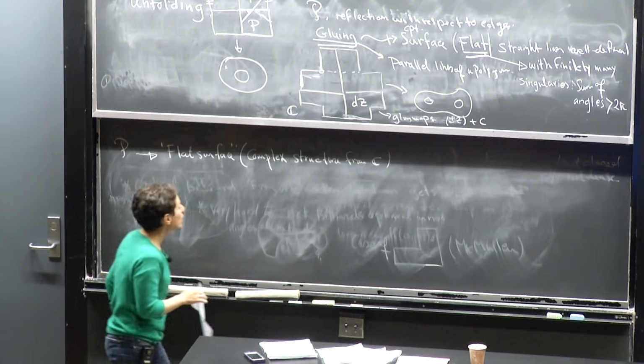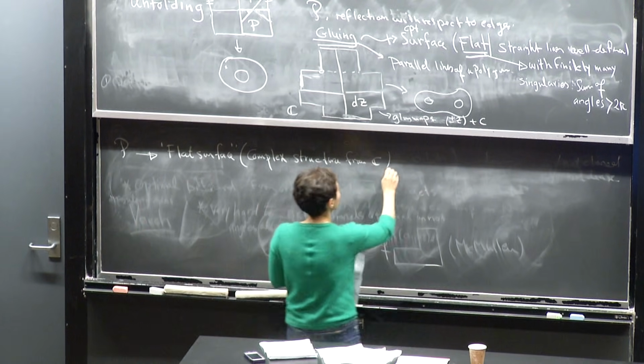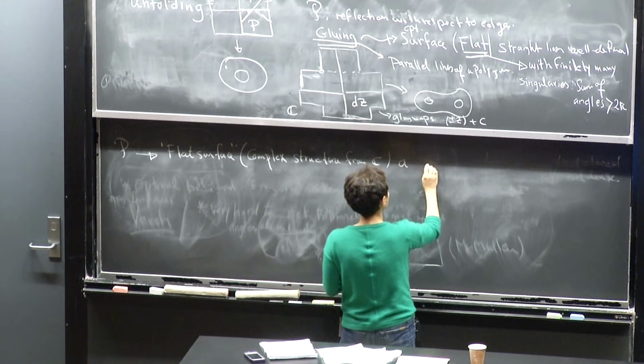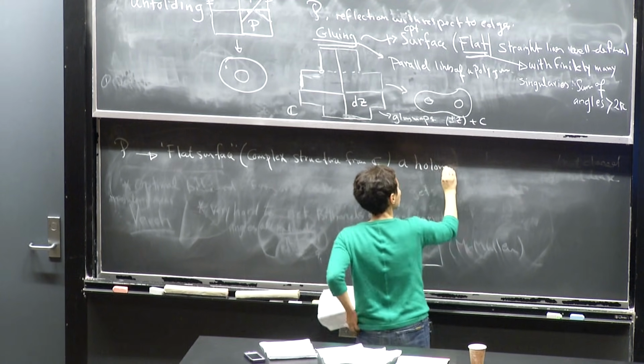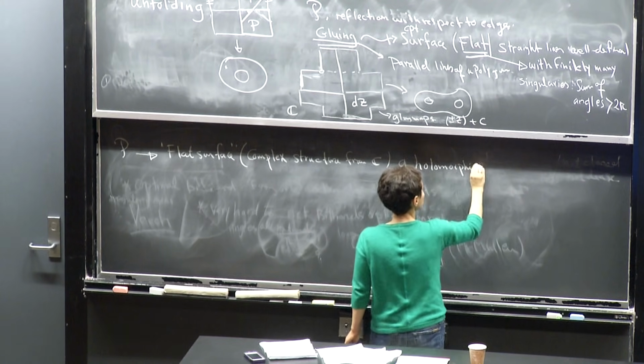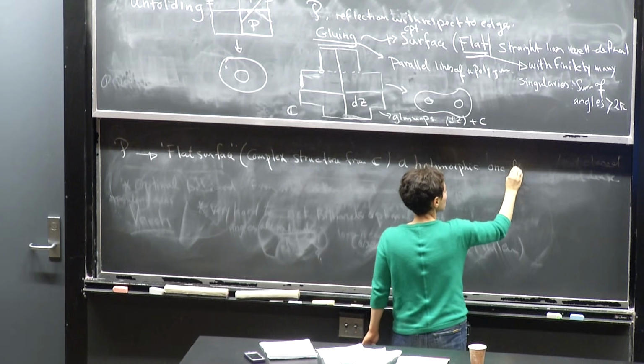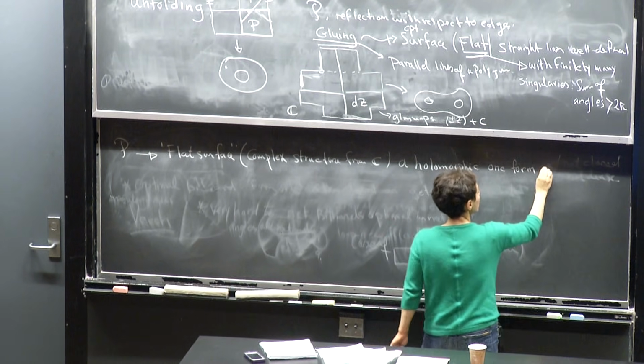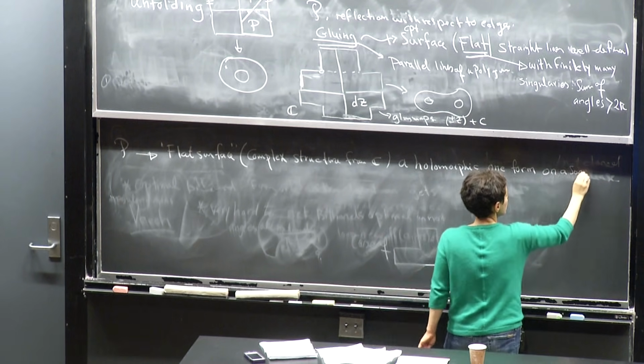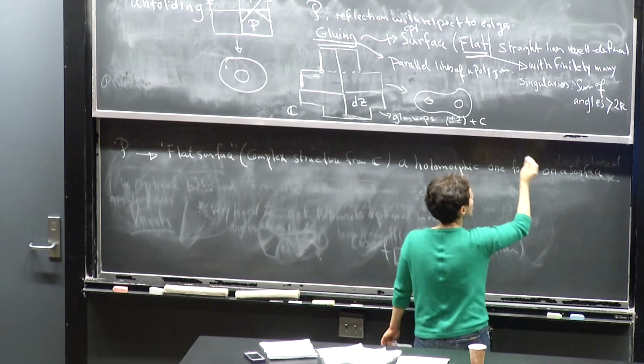So this defines a holomorphic one-form on a surface of genus g. g depends on the shape of the polygon.